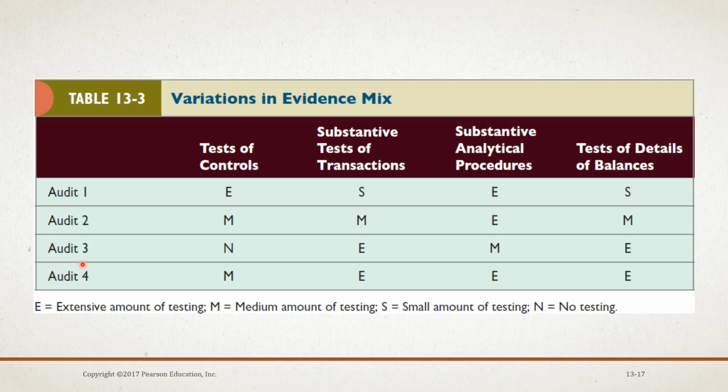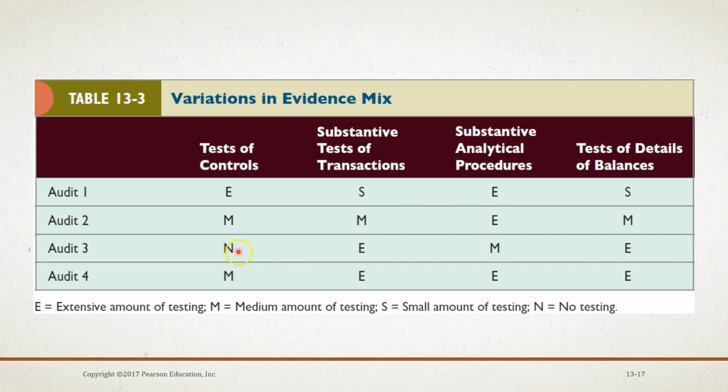In the first audit, you'll notice that there's extensive use of test of controls. Well, take a look. If there's a great deal of use of test of controls, notice how we've done a small amount of test of transactions. We've done a small amount of test of details, but we've done a lot more analytical.